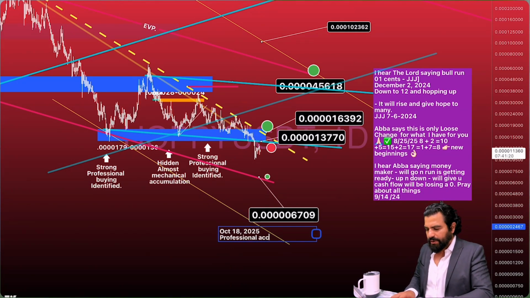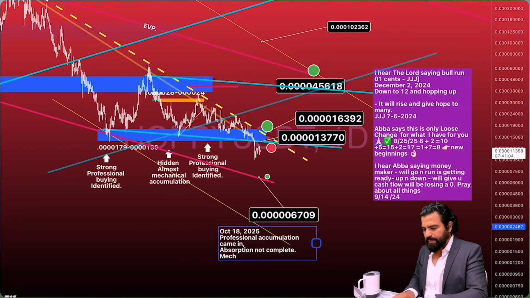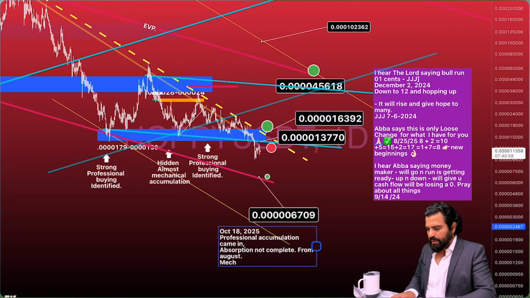Professional accumulation came in. Absorption not complete. Mechanical not complete. And that was from August. Mechanical buying coming in.